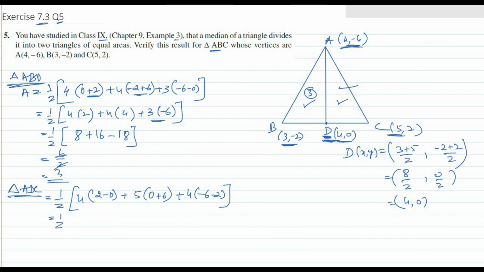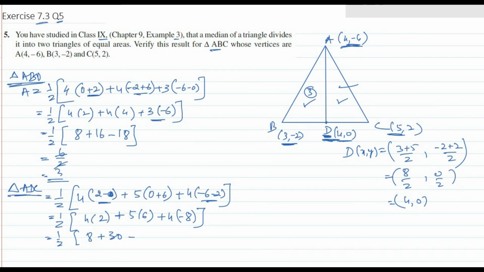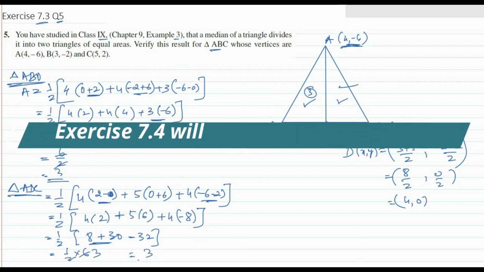So here 1 by 2, 4 into 2, this is 2 minus 0, so 8, plus 5 into 6, that is 30, plus 4 into minus 8, that is minus 32. So 8 plus 30 is 38, 38 minus 32 is equal to 6. 1 by 2 into 6, which is also equal to 3.